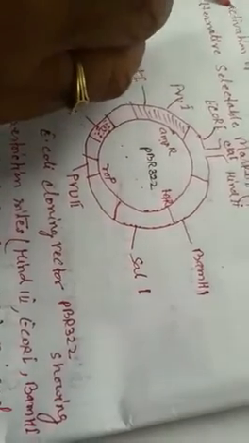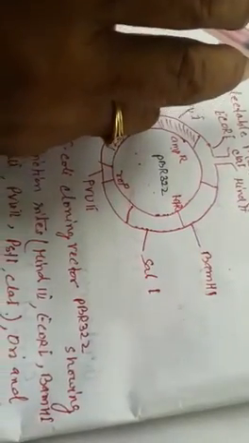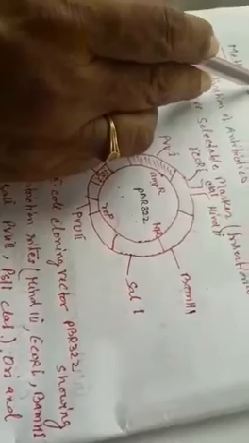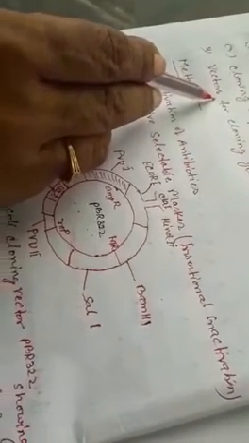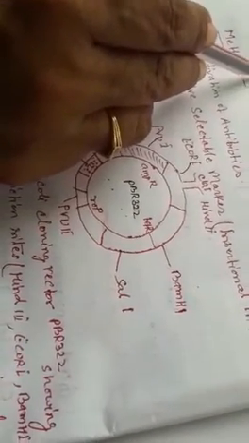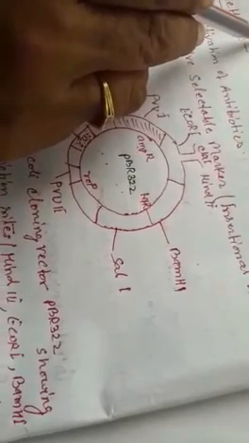Now discuss vectors for cloning genes in plants and animals. There are several vectors which are used for cloning genes in plants and animals.